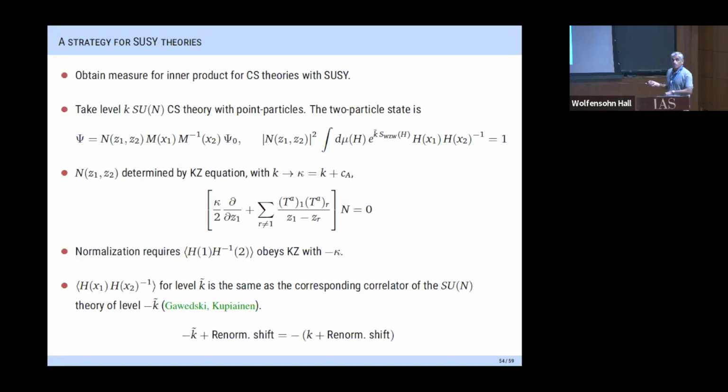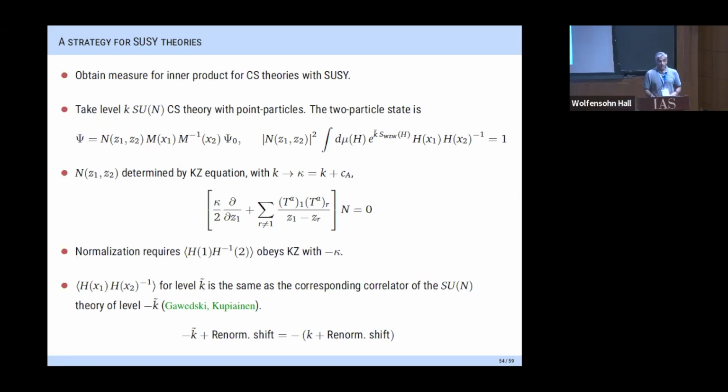So that means this correlation function in the Hermitian theory with the Hermitian matrix H should be such that the absolute square of N is cancelled. Therefore it should obey the KZ equation with kappa replaced by minus kappa.